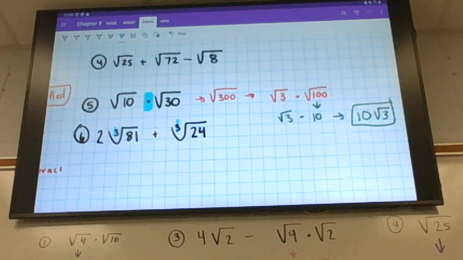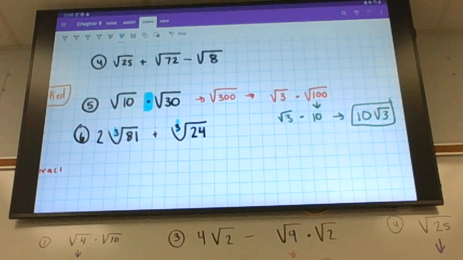Alright, I know that I can cube root 1. I know I can cube root 8. I know I can cube root 27. I know I can cube root 64. I know I can cube root 125. I know I can cube root 216.